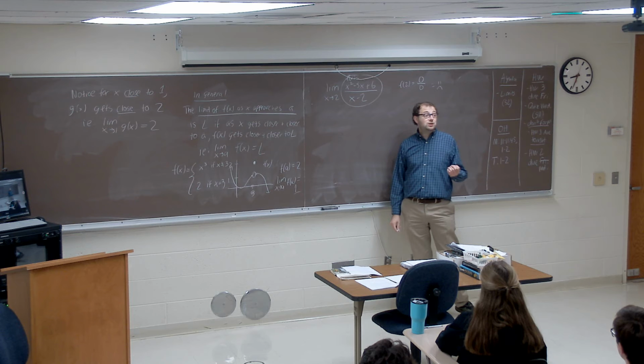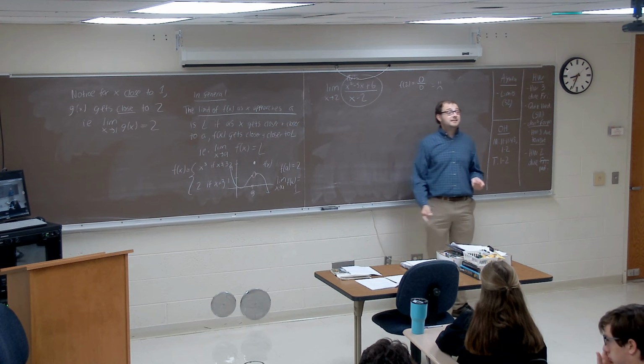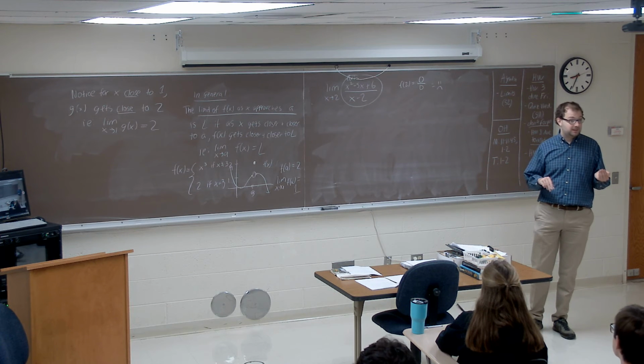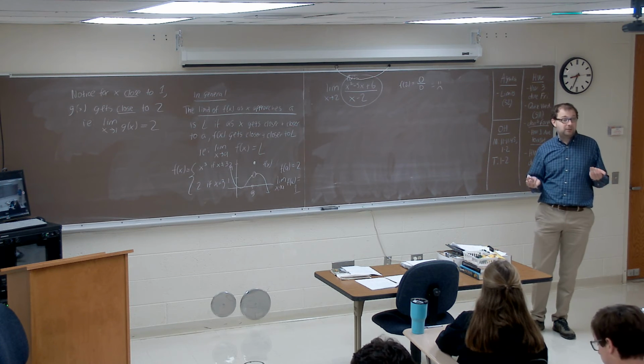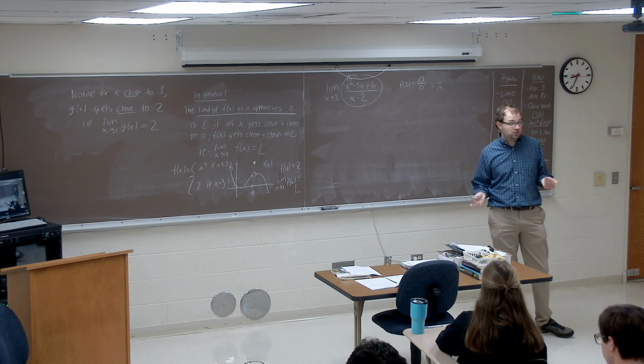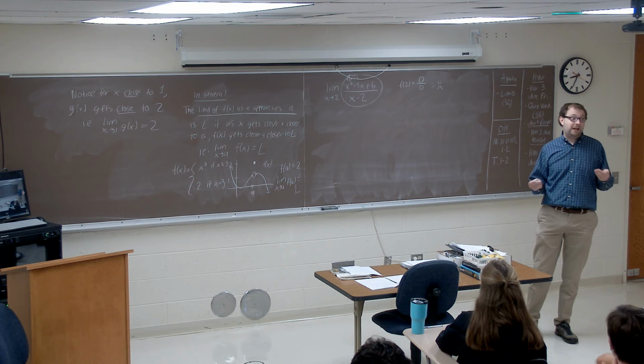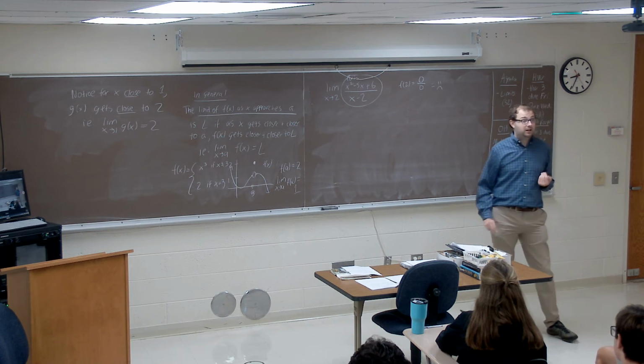So f of 2 does not exist. That doesn't necessarily mean that the limit as x gets close to 2 does not exist. Because it's totally possible that if we plug in values of x that are really close to 2, they all get really close to being the same finite numbered output, as we saw with g of x in the first page.